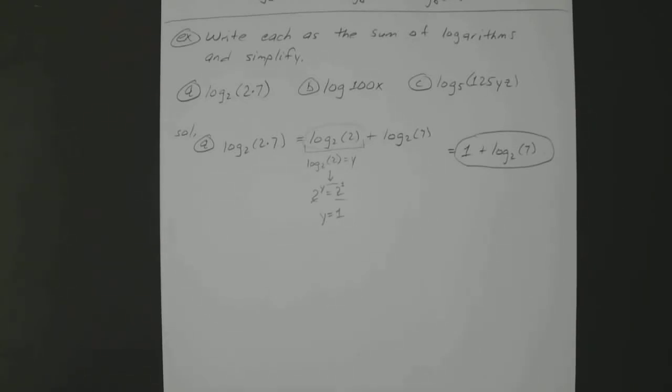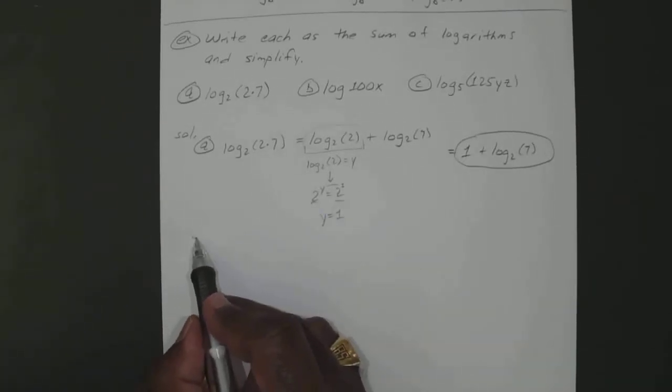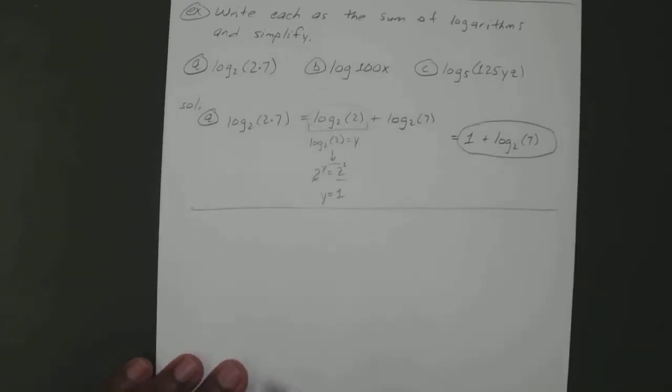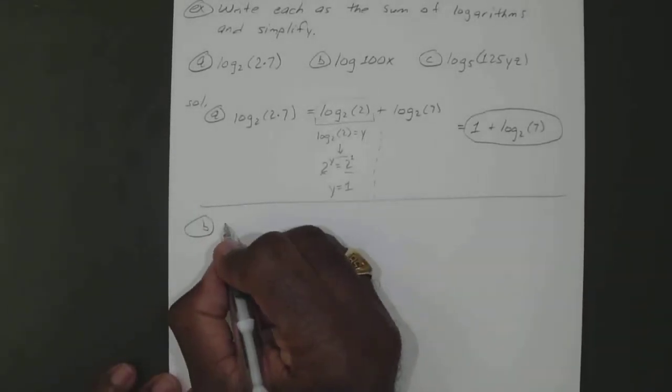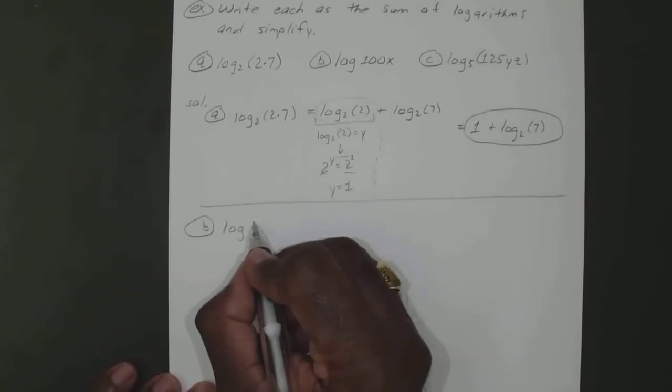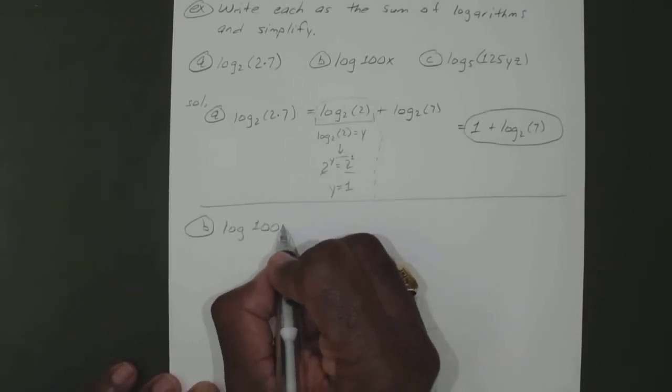Any questions on that one? Okay, so even after you separate them, sometimes you can still simplify them a little bit more. Draw a little line to separate it. So for problem B, we have log of 100x.